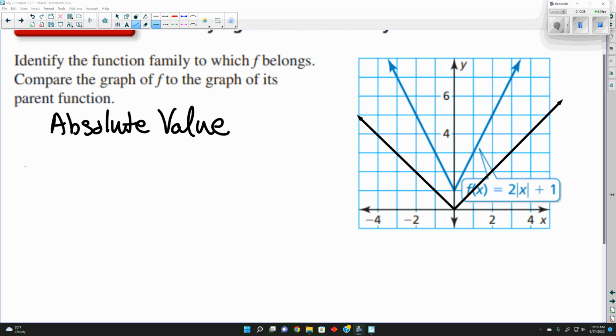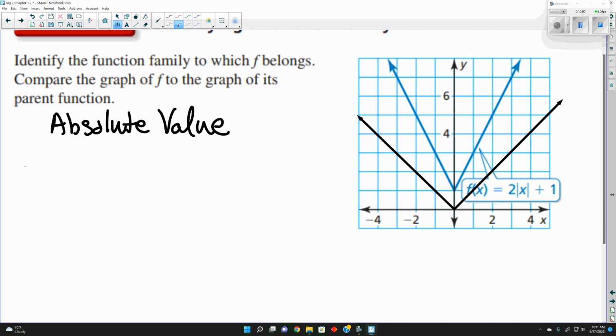So we have this here. This is the parent function, and we want to see how it compares to the graph that we had to begin with. Now, looking at this, what's one thing that we can say about the one that I drew in, compared to the original one? What's something that's changed? Wider.